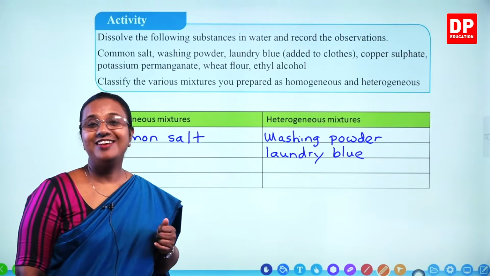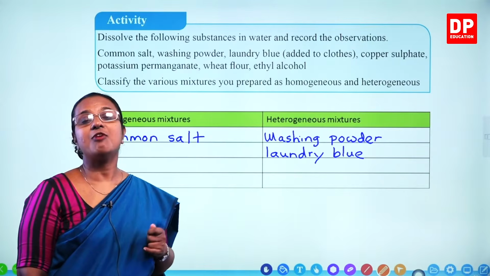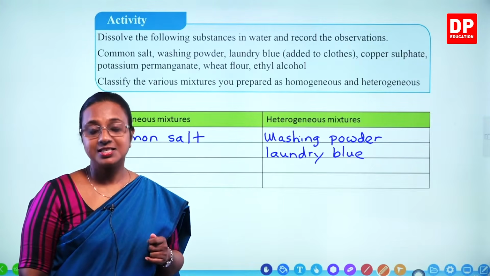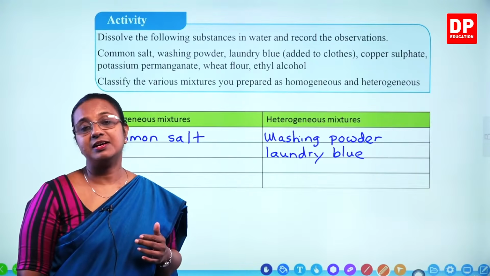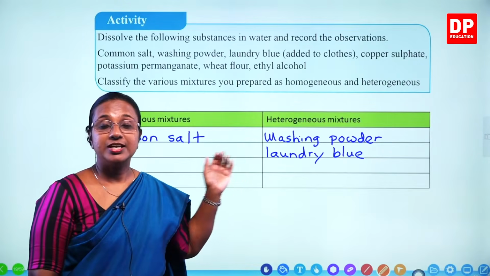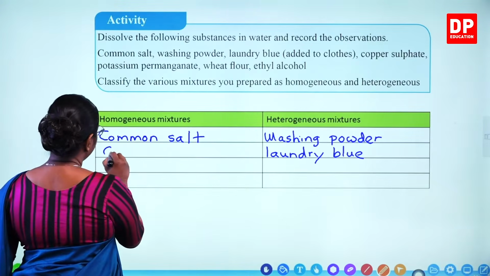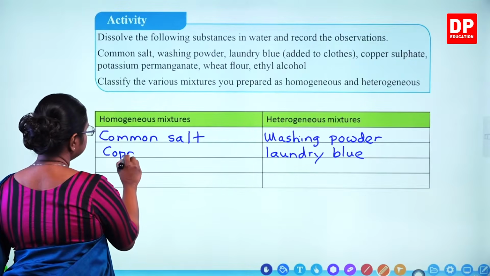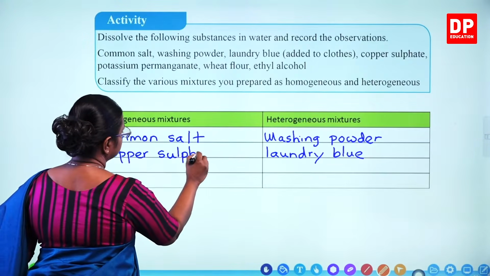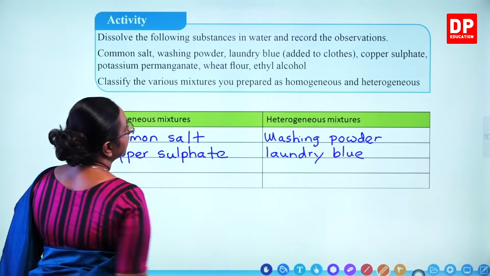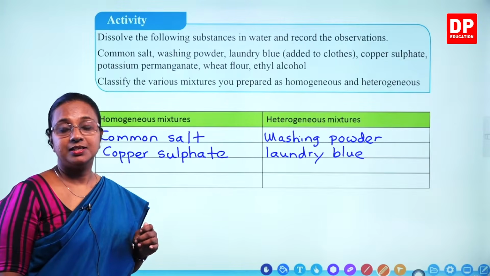Then copper sulfate. I already gave you that example, and we have observed the copper sulfate solution. It's a blue color, clear, transparent solution. So it is a homogeneous solution. Copper sulfate. Then we have potassium permanganate.